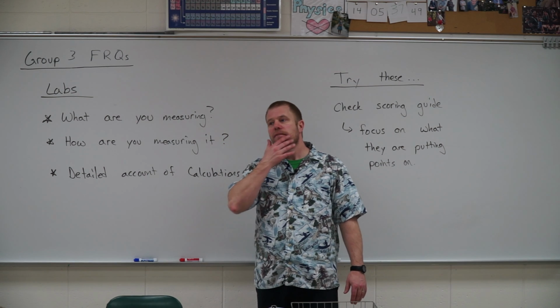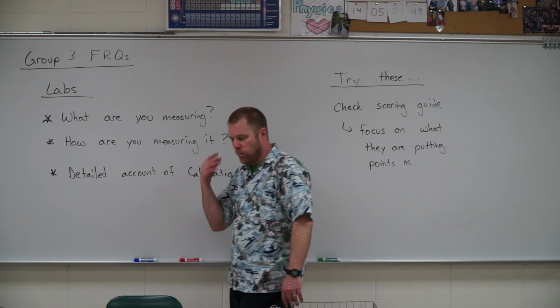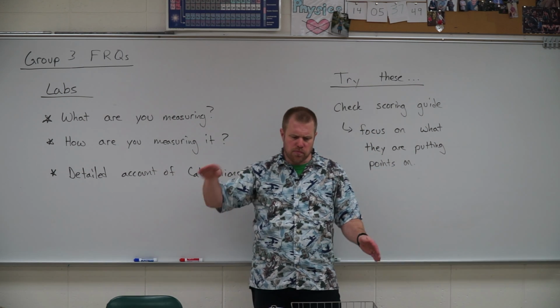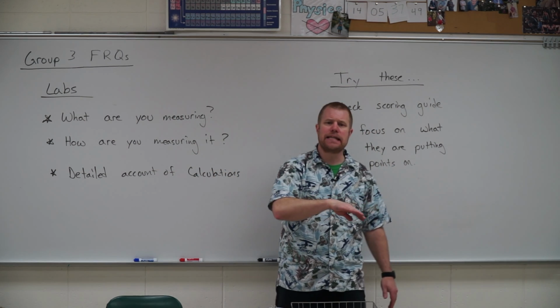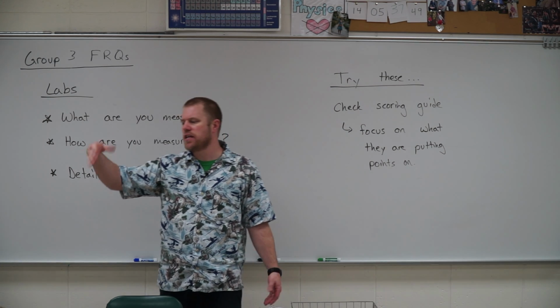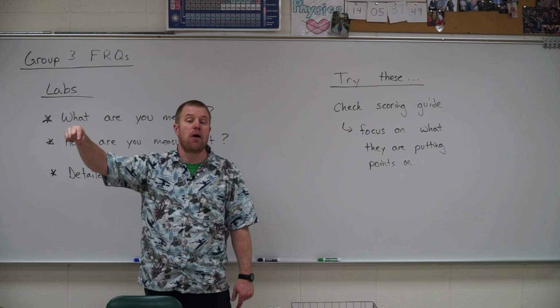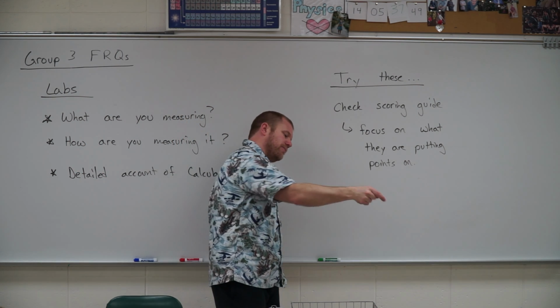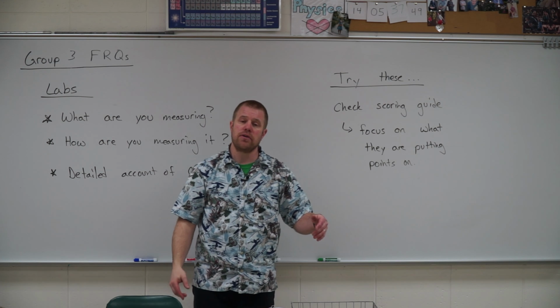So if you think back to the example we did with this, we rolled a marble across the table. It flew off the end of the table and landed. And I might have asked you some questions like, instead of a marble rolling now, I took a little Hot Wheels car, rolled the Hot Wheels car down a ramp, and then it flew off the end of the table, and I marked where it hit the ground.